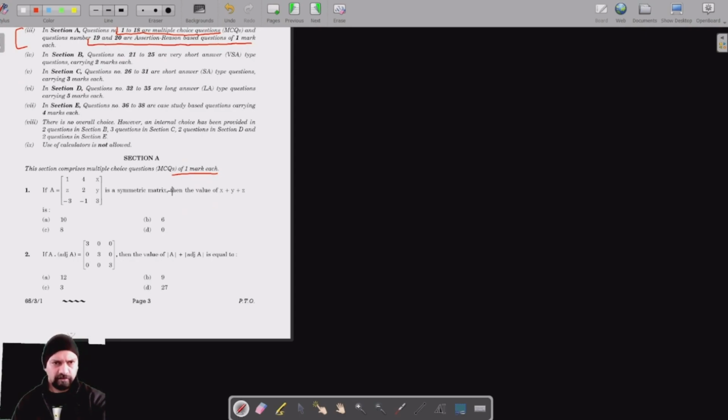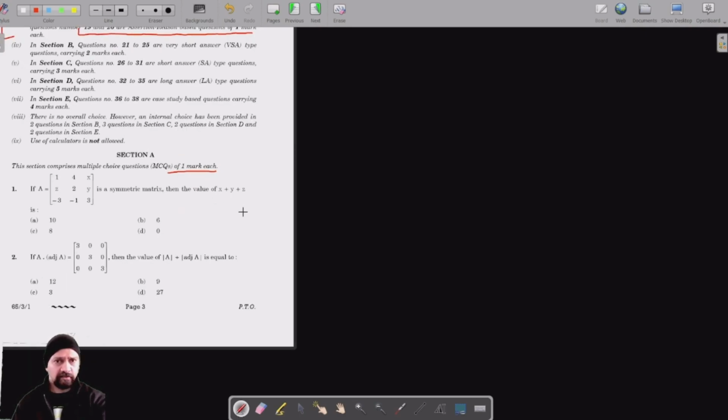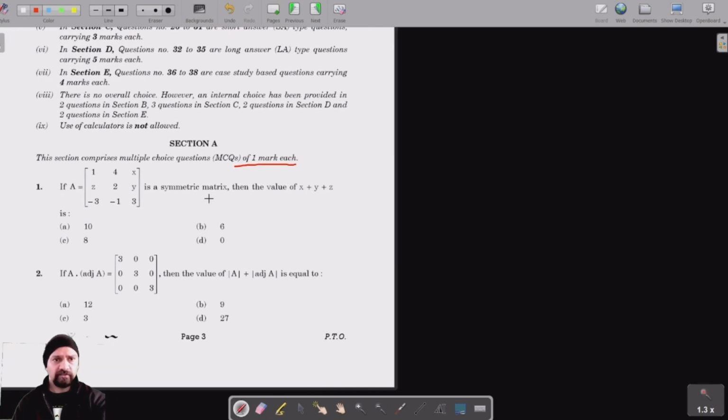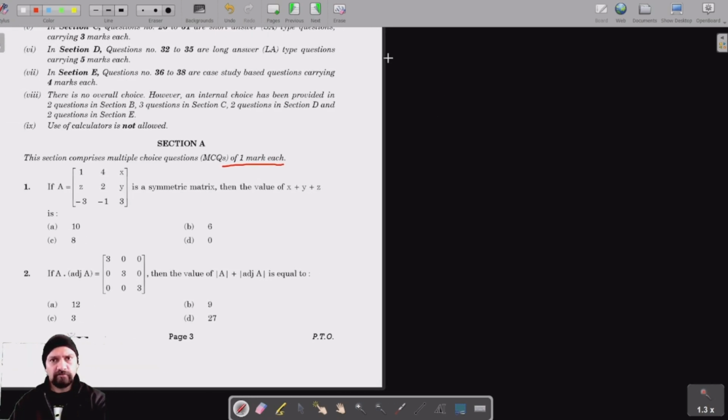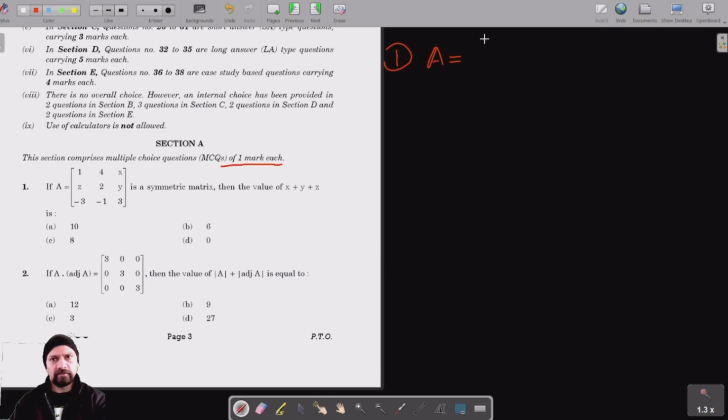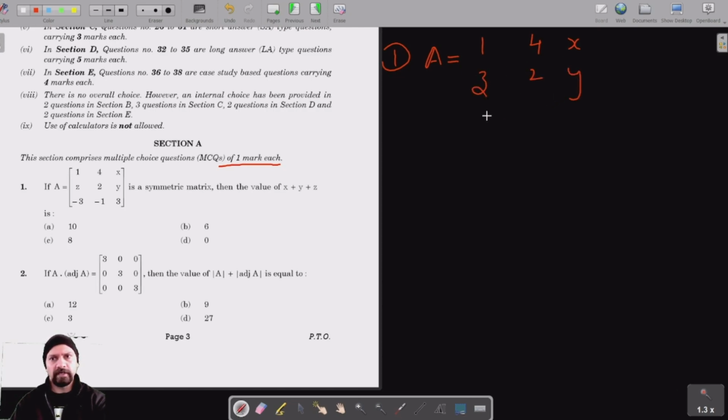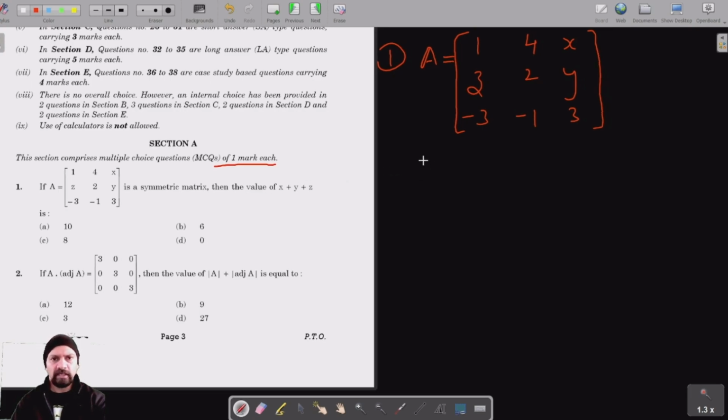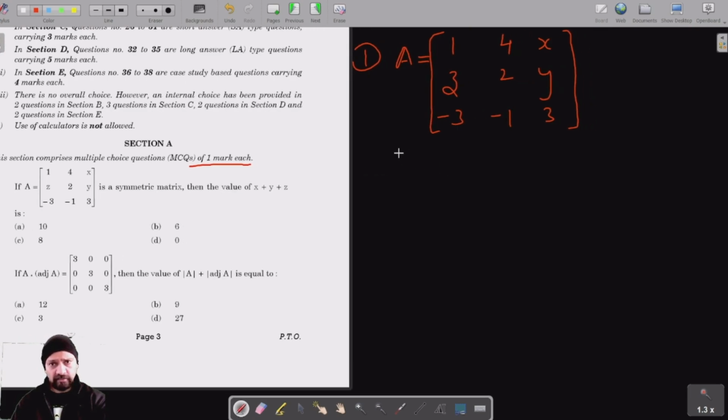For the first question, a matrix is given and it's given that it's a symmetric matrix. Our matrix A is 1, 4, X, Z, 2, Y, minus 3, minus 1, and 3. This is our square matrix of order 3, and it's given that A is symmetric.